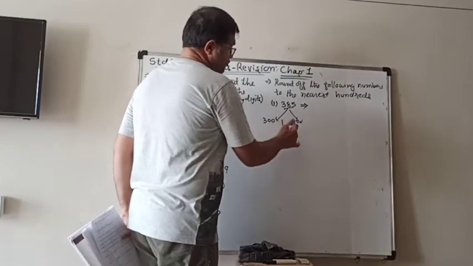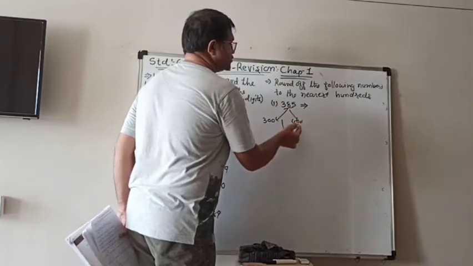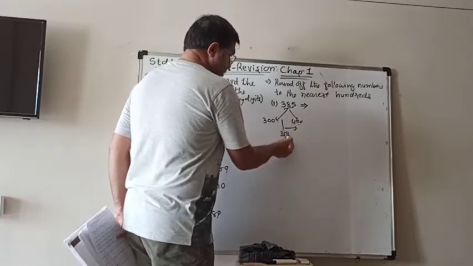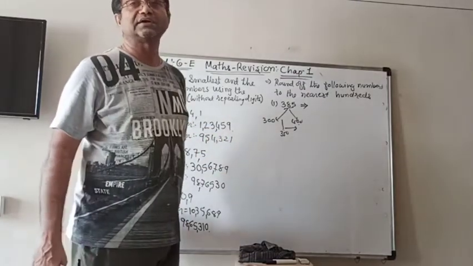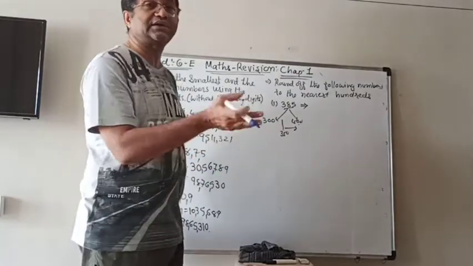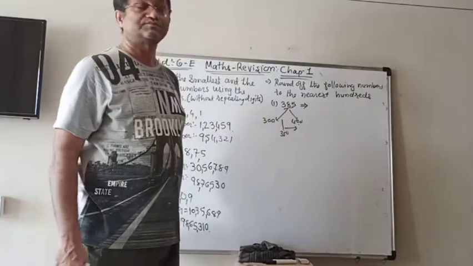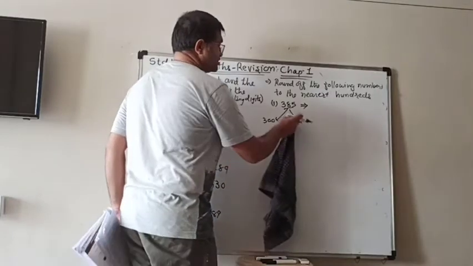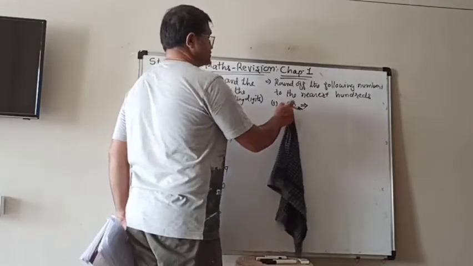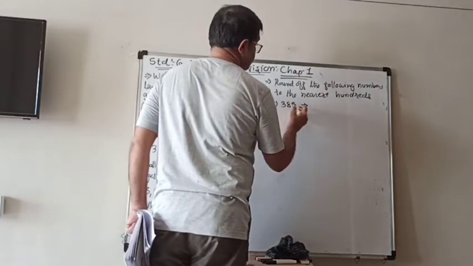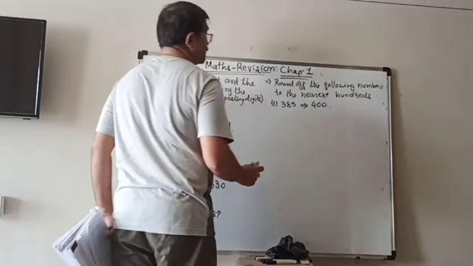So all the numbers after 350 will be closer to 400, and before 350 all numbers are near 300. 350 is exactly equidistant, so it is also taken as that side. So here you can see that 385 is more close to 400 because of that digit. So the nearest is 400.